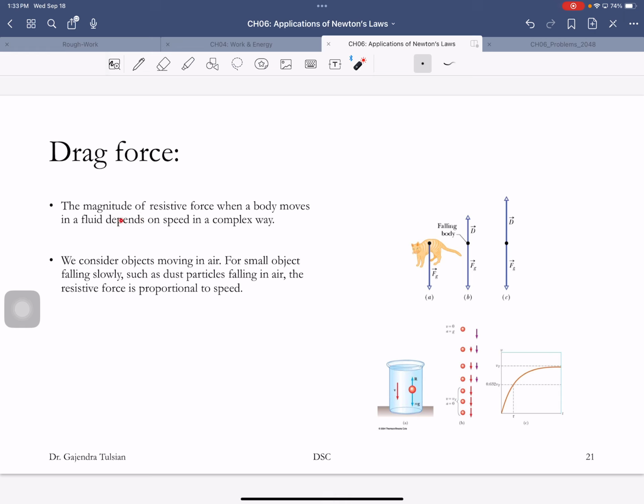All right, so the magnitude of the resistive force when a body moves in a fluid depends on speed in a complex way. So in general, it's hard to handle, and so we consider objects moving in air. For small objects falling slowly, such as dust particles falling in air, the resistive force is proportional to the speed.